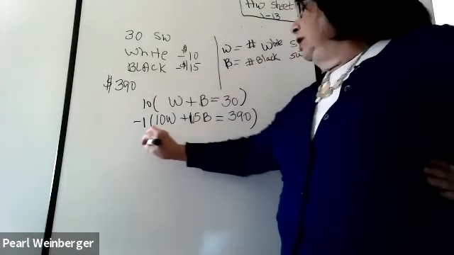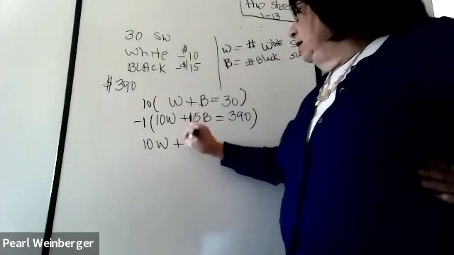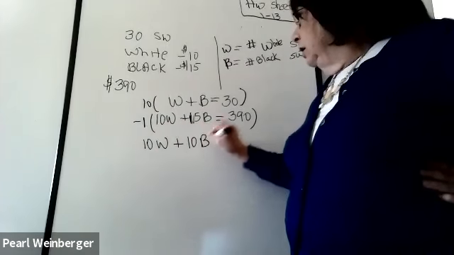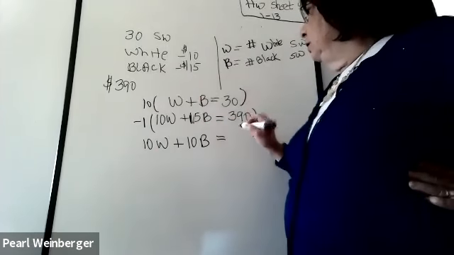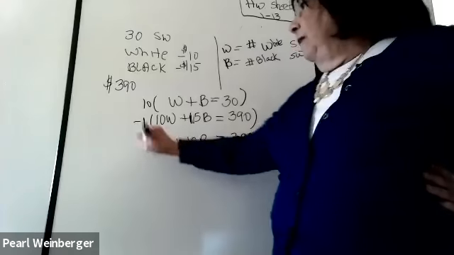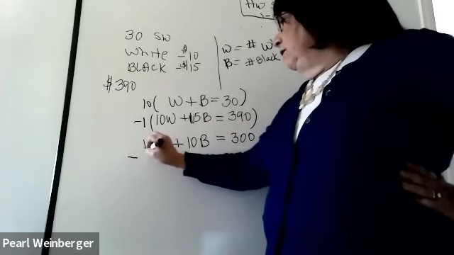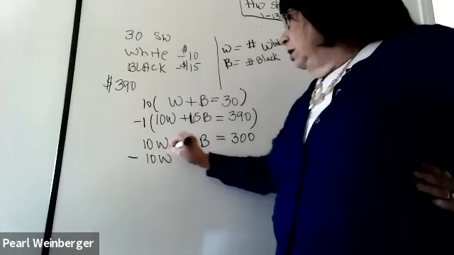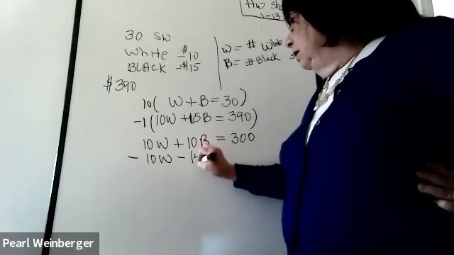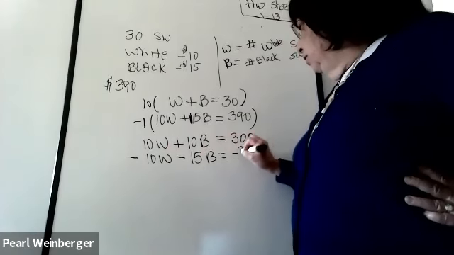And my top equation becomes 10W plus 10B equals 10 times 30, which is 300. And the bottom equation multiplied by -1 gives me negative 10W minus 15B equals negative 390.